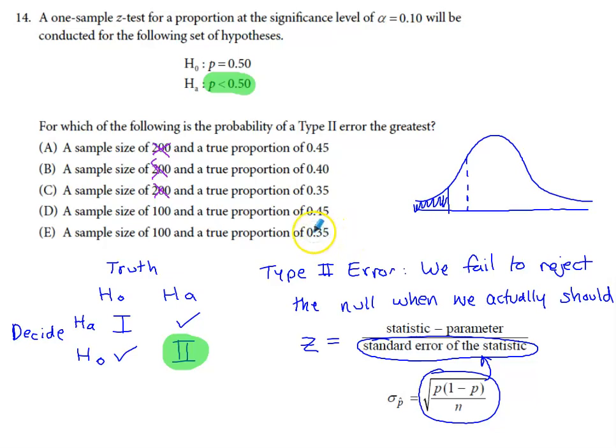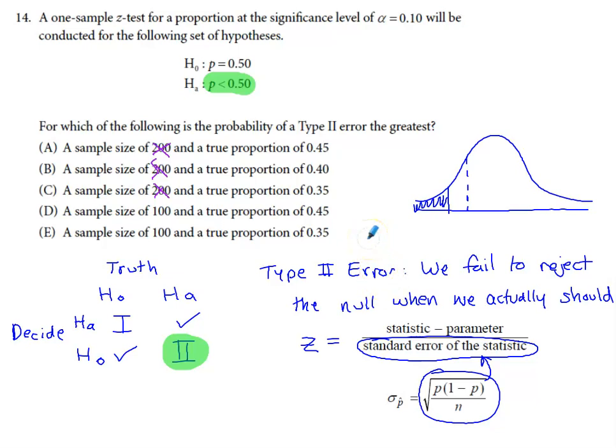If the true proportion is this far beneath the null hypothesis proportion, right, 0.15 is fairly far beneath 0.5, especially in comparison with 0.45. This is only 0.05 beneath the null proportion value. This is 0.15 beneath. We are not as likely to fail to reject the null.